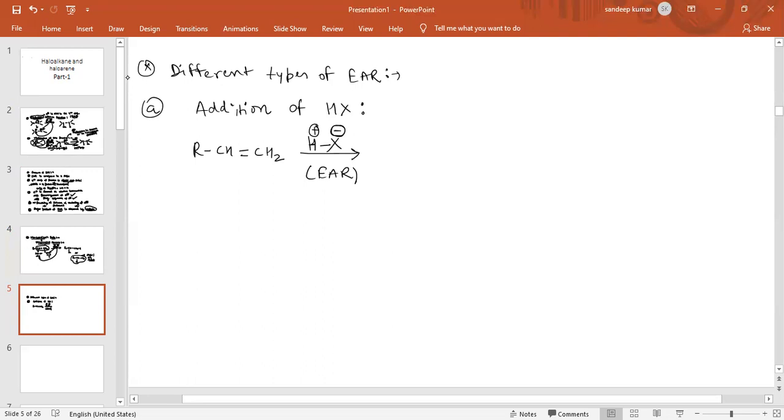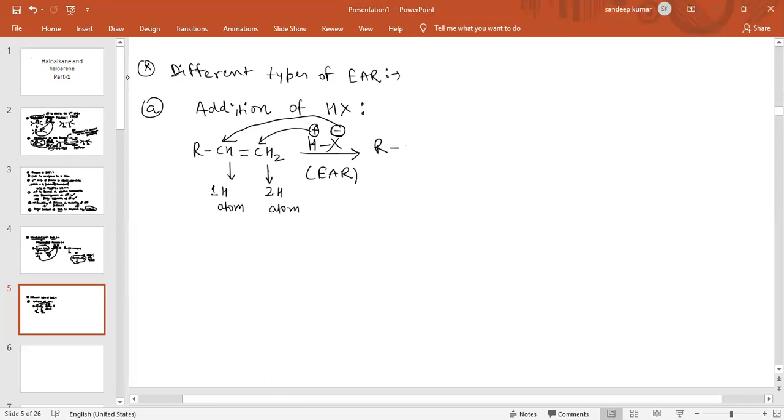See what happens. As we know, according to Markovnikov rule, on this carbon atom there is one hydrogen atom, while on this carbon atom there are two hydrogen atoms. So the negative part will add on the carbon atom with less number of hydrogen atoms, and the positive part will add on the carbon atom with more number of hydrogen atoms.